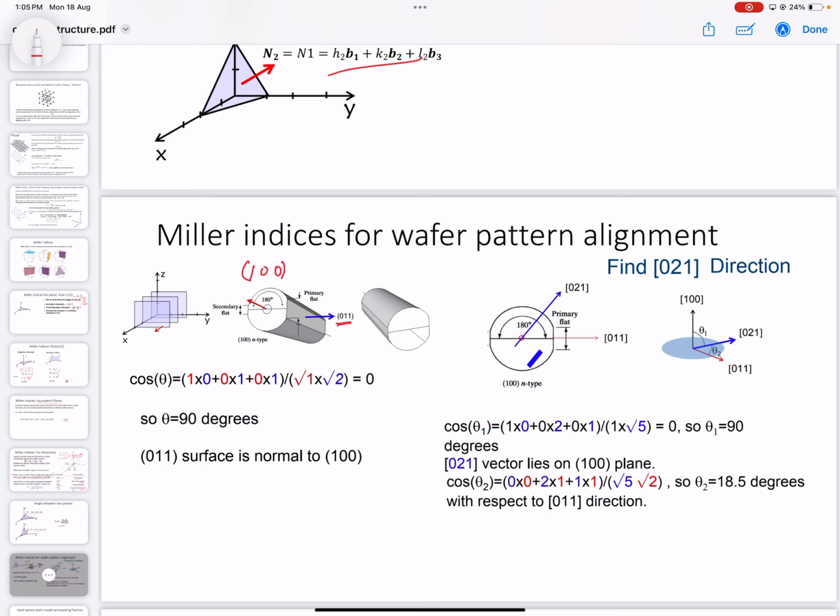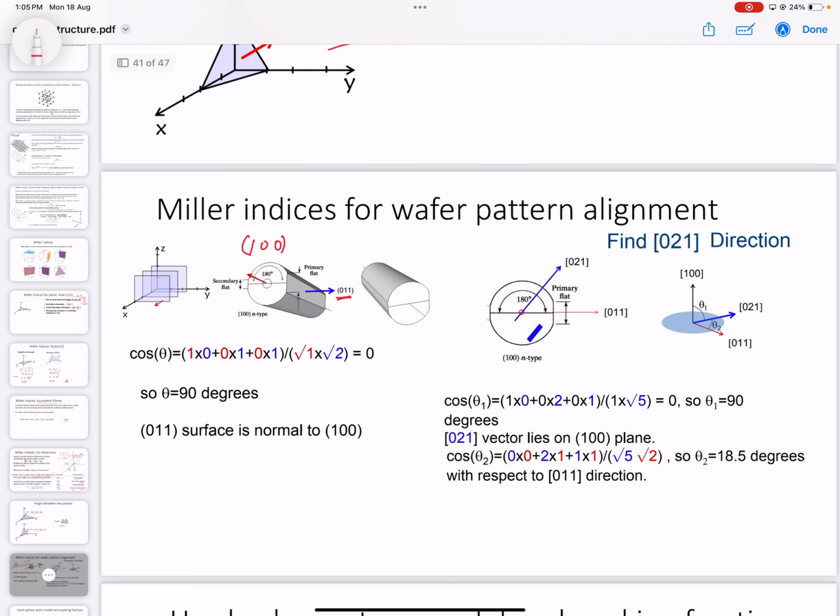So a small example is given. Let's say you have the 0 1 1 direction and the 1 0 0 direction is known, and let us say you want to find the 0 2 1 direction, because you want to align your devices along the 0 2 1 direction, right? First of all it has to be in the plane, and what I can do is find this cos theta 1 by taking a dot product.